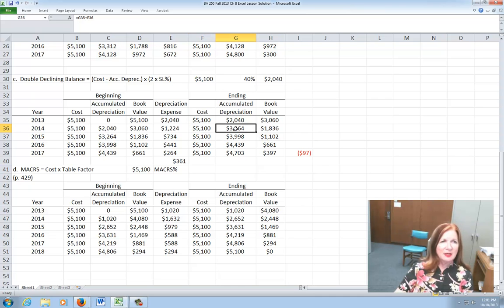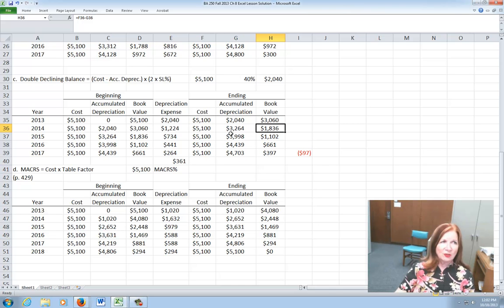I put in the accumulated depreciation, which, to accumulate, I'd have to use last year's depreciation plus this year's depreciation expense, which in our cell jargon is G35 plus E36 to get the new accumulated depreciation. The book value is computed then by subtracting cost and ending accumulated depreciation to get a new book value.